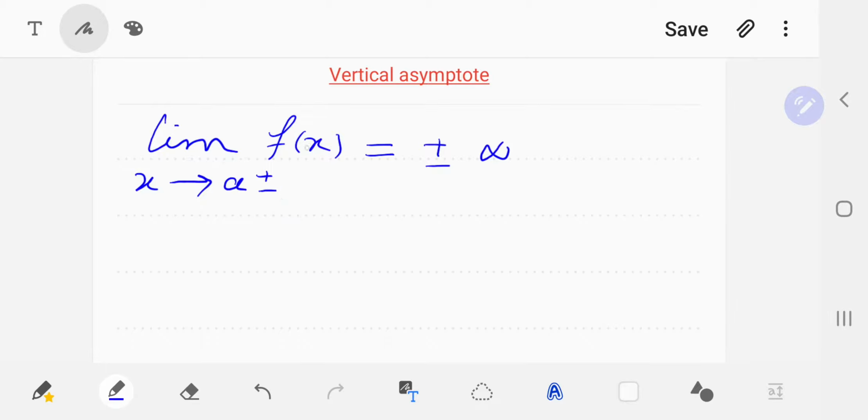So if the limit of f of x as x approaches a from right or left gives you either positive or negative infinity, this means that the line x equals a will be considered as a vertical asymptote.